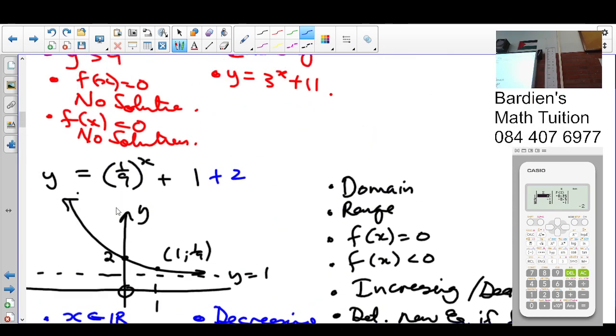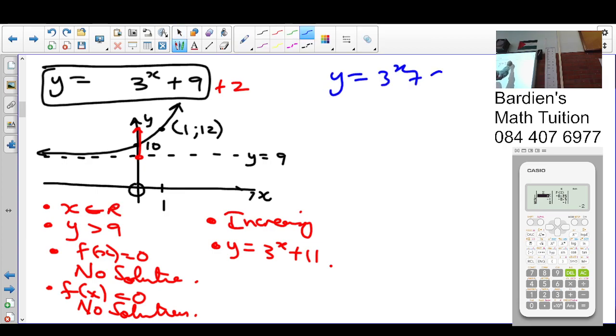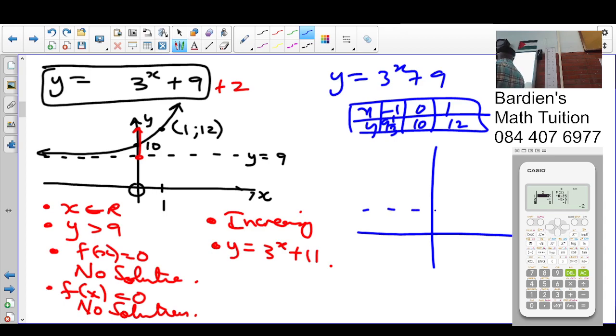Because I say you didn't know how to draw this graph. Let's go with this one here. We're drawing the graph y is equal to 3 to the x plus 9. Remember that you have an asymptote y is equal to 9. x is negative 1, 0 and 1.